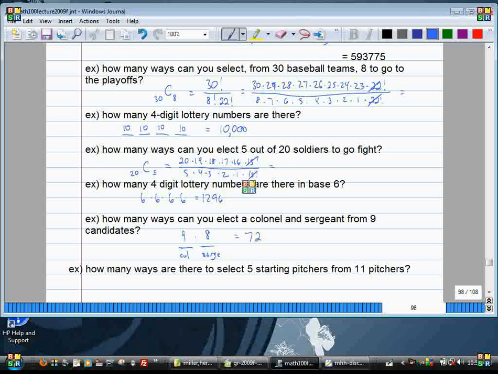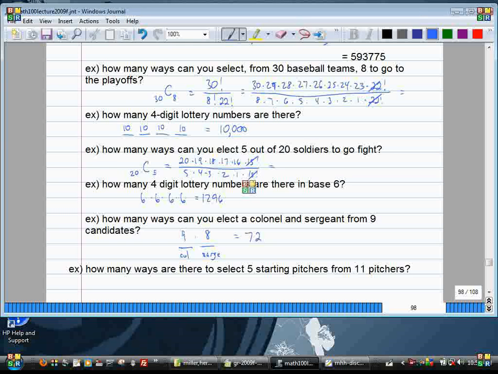And then you would still get 9 times 8 and it would still give you 72. So that would be the equivalent of labeling one position second place and then labeling the next one first place. Okay, but notice that the arithmetic winds up being the same if you did sergeant then colonel.